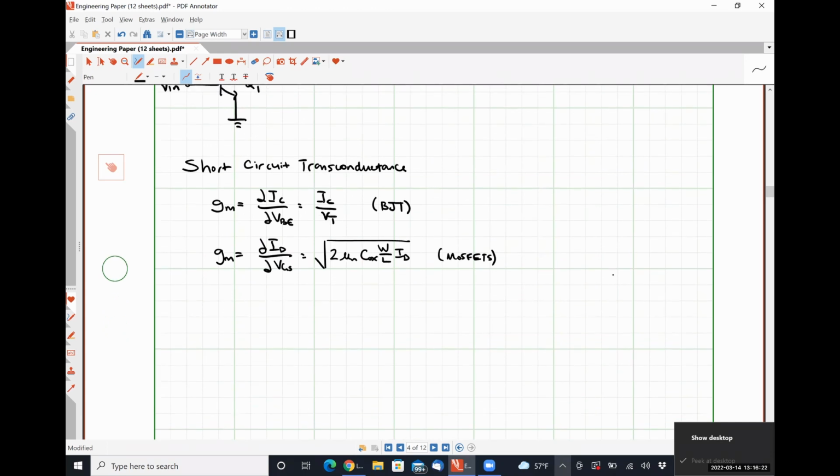So let's say that I have a black box linear circuit like so. What I am doing here is I am short circuiting the output terminal.